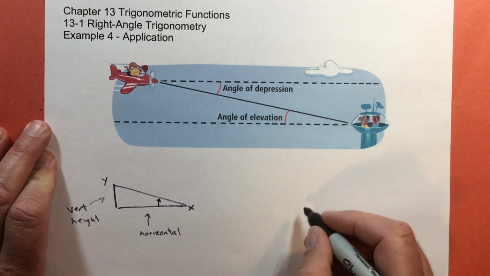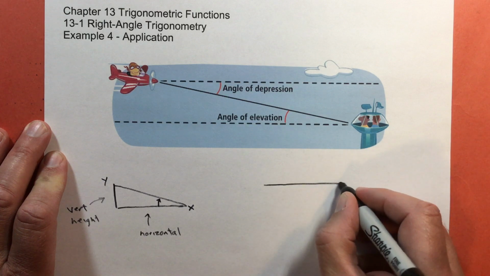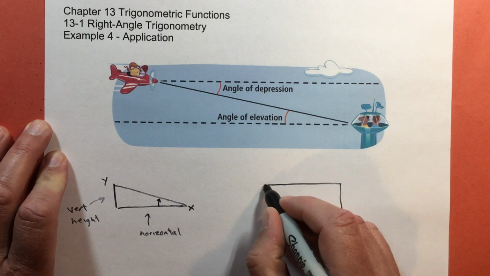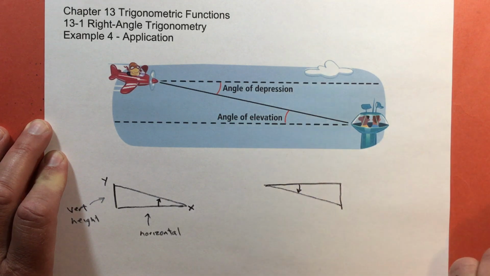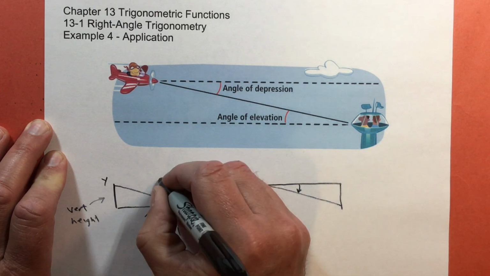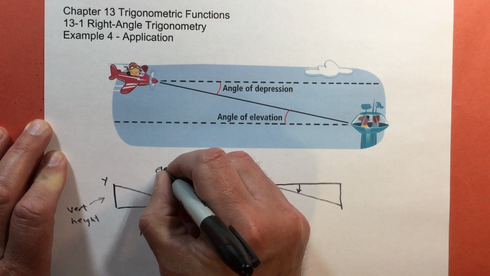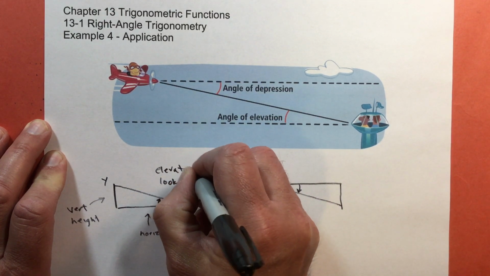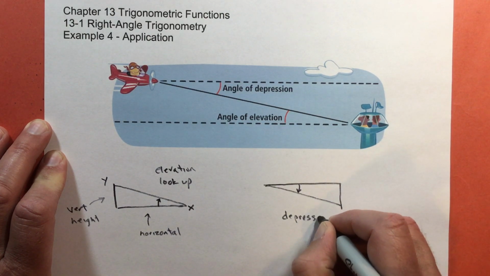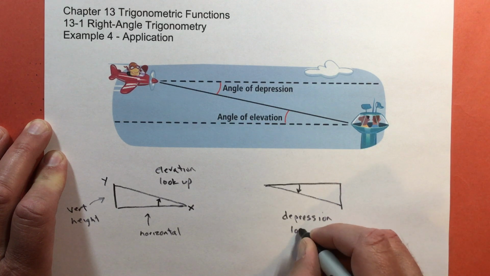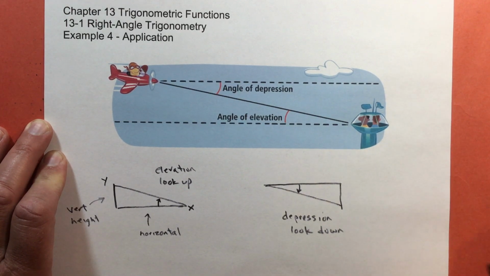For the angle of depression, the triangle just kind of looks like this. Again, we're looking down, which means I'll write that over here. This would be elevation. For the angle of depression, we're looking down. That's all that means, but the other stuff stays the same.